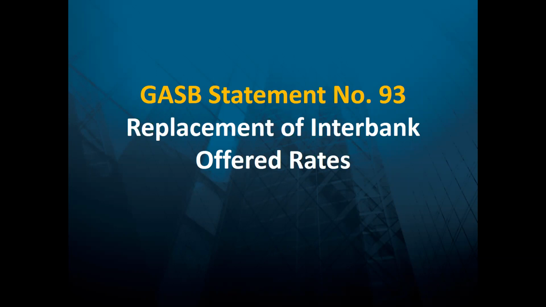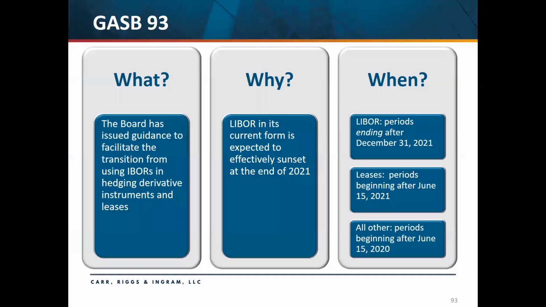All right, and with that, we'll jump into GASB number 93. GASB 93 is ultimately what we're going to do in order to address LIBOR going away. LIBOR is expected to effectively sunset at the end of this year, and this GASB is going to tell us what to do in order to handle it going away.